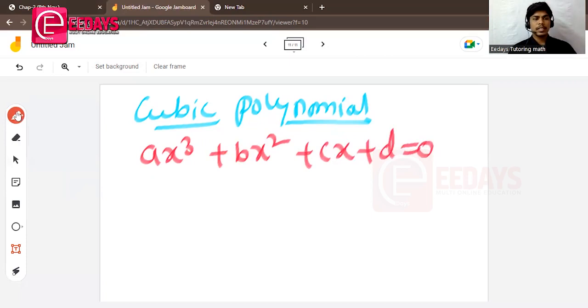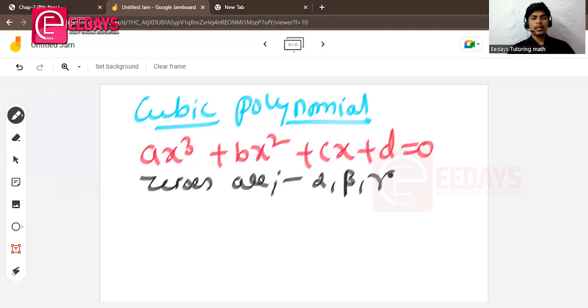Now, for a cubic polynomial, how many zeros do you expect? The zeros are alpha, beta, gamma. Previously we took only two zeros, alpha and beta. Now a new variable is added, gamma.